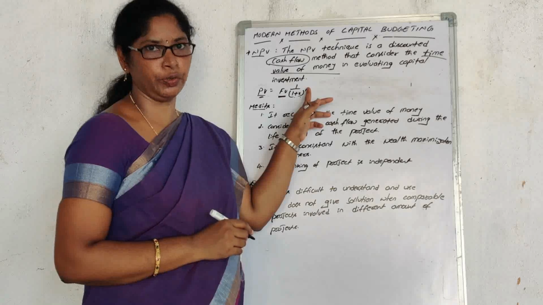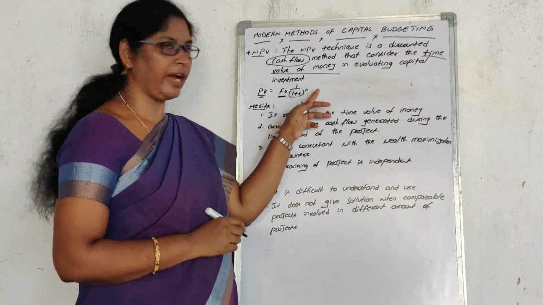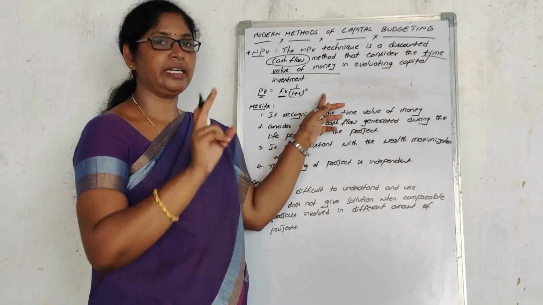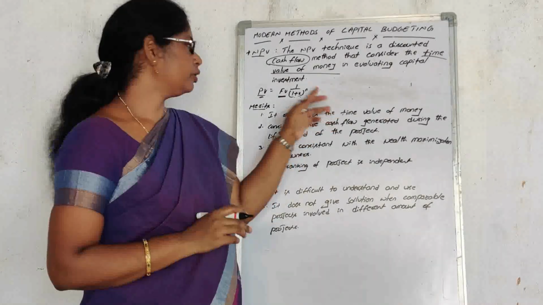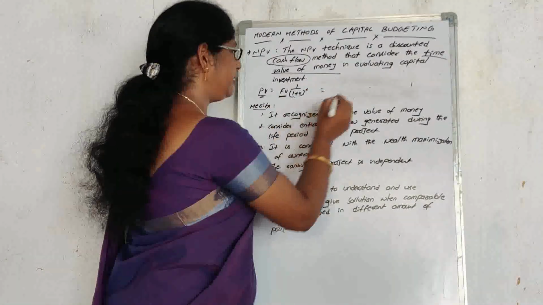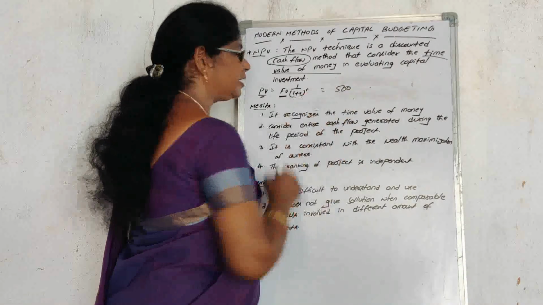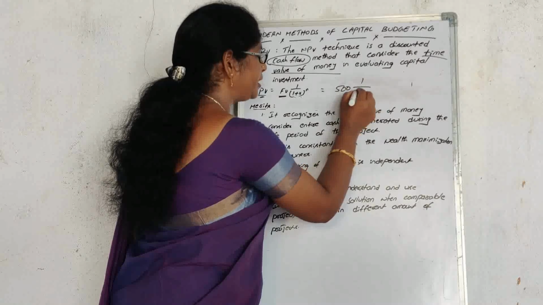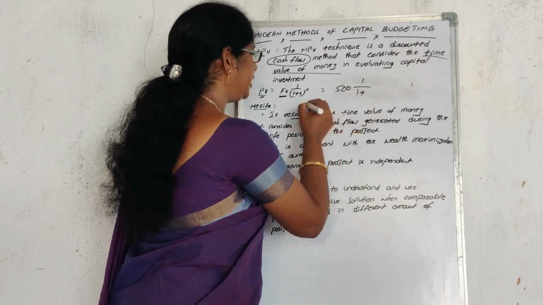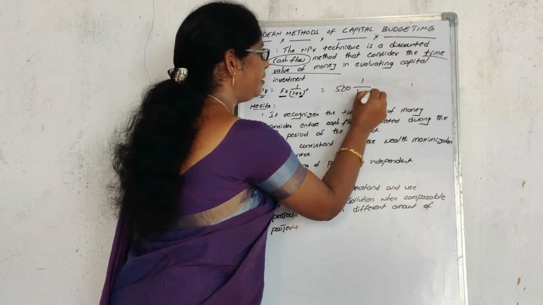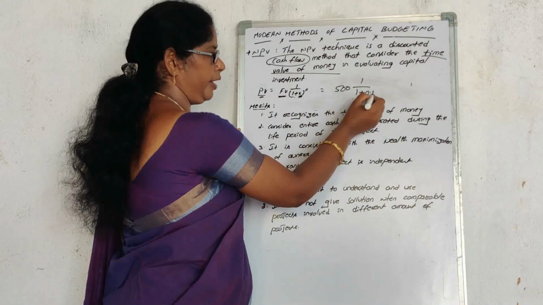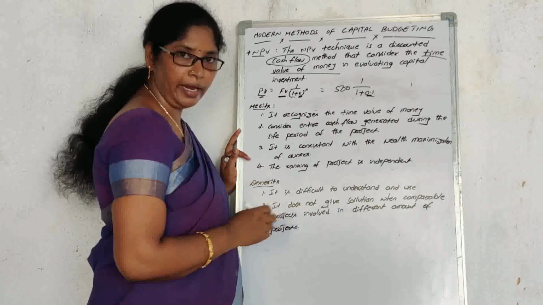Let's assume you are going to invest 500 rupees in the market with a 10% rate of interest, so the value can be determined here. Today we are going to invest 500 rupees with 10% interest. The rate is 0.1, since the percent is converted into a decimal.